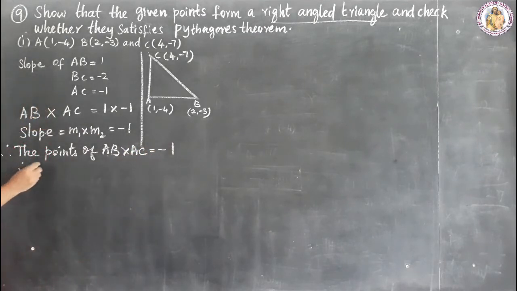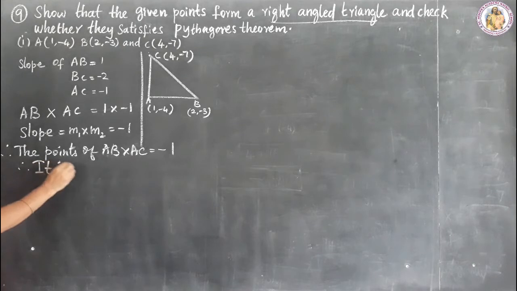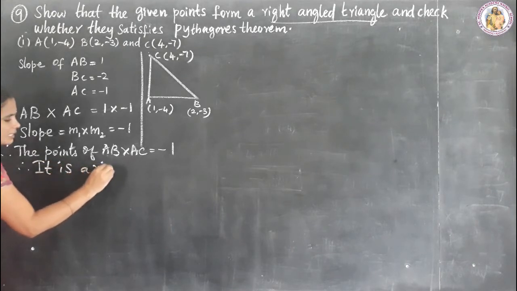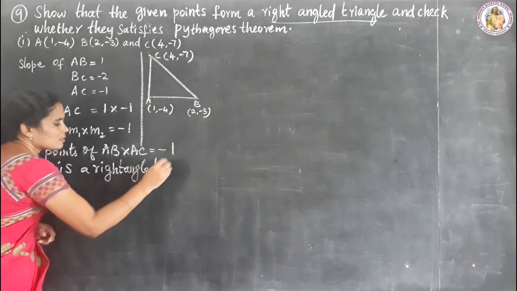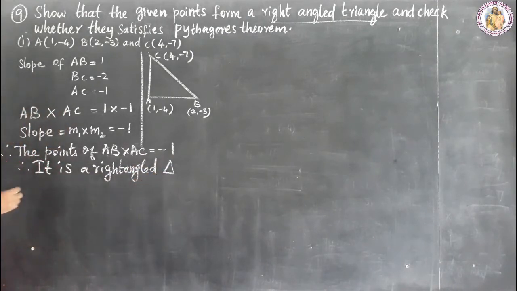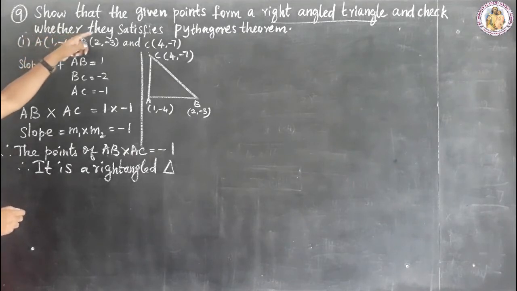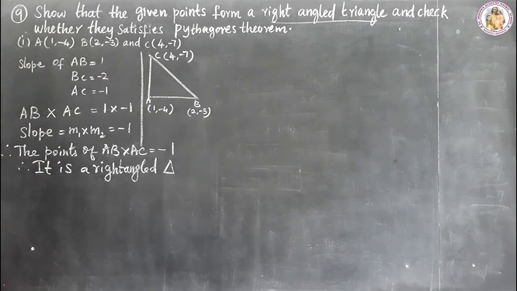So therefore it is a right angled triangle. Okay, and we are asked to check whether they satisfy the Pythagoras theorem. Using the same points, it must satisfy Pythagoras theorem also.